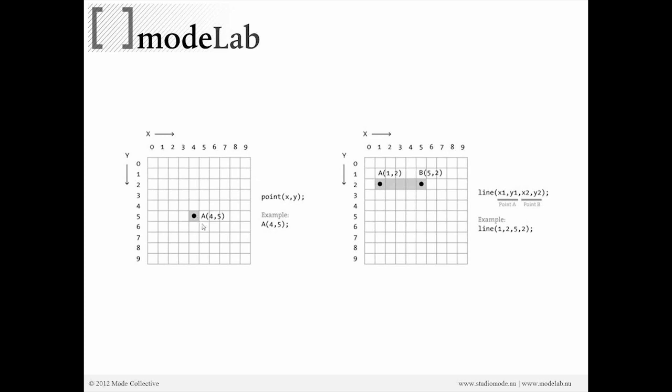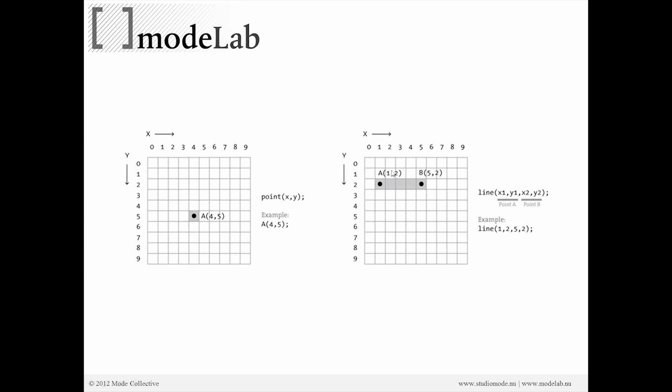So if we want to draw a point at coordinate 4, 5, we would specify that we want to draw a point with those values as input. Similarly, if we want to draw a line or another more complex shape, such as an ellipse, right, we're going to need more information.